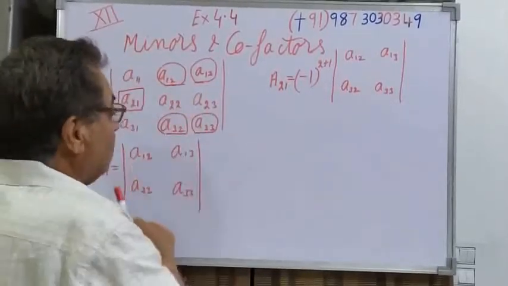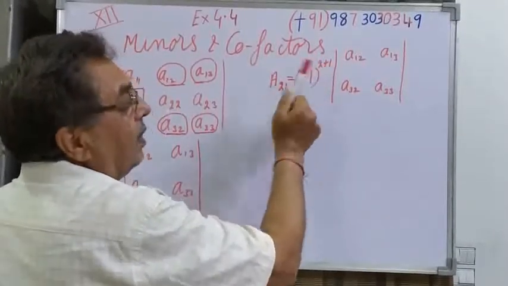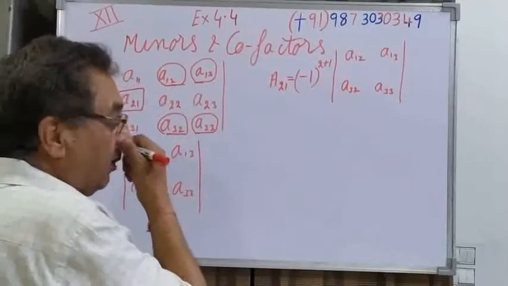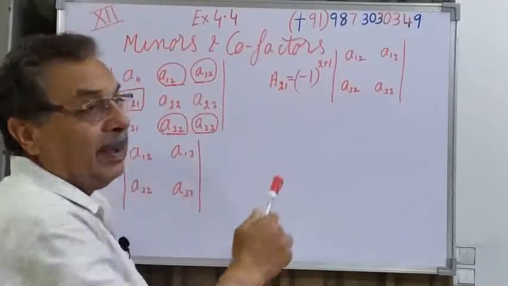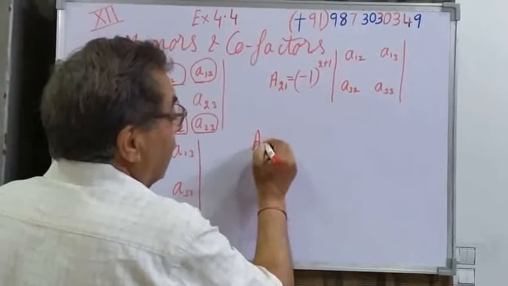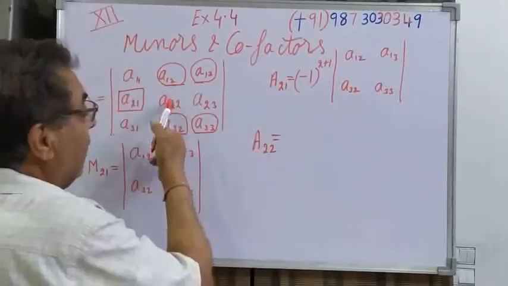So what we observe, if I am telling you minus 1 to the power of the sum of the row and the column, that means whenever we get the sum odd, the sign of the cofactor will be negative. For example, I ask you what is the cofactor of A22?